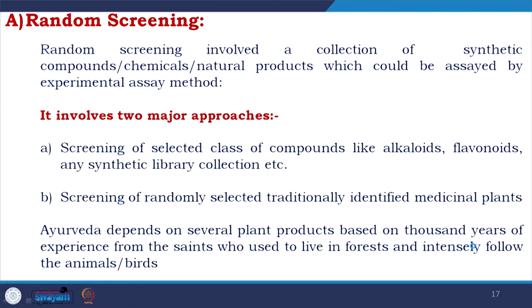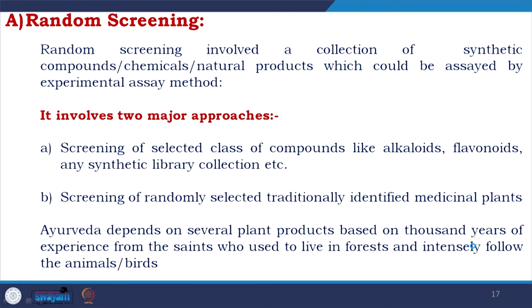As we know from ancient Indian civilization, they used to culture the process called Ayurveda. Ayurveda depends on several plant products based on 1000 years of experience from the saints who used to live in forest and intensely follow the animals or birds. So, they lived with the animals, with the birds.